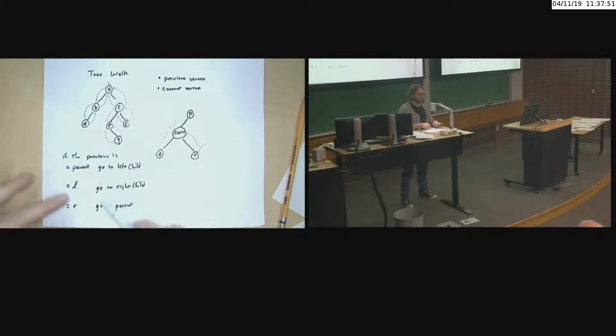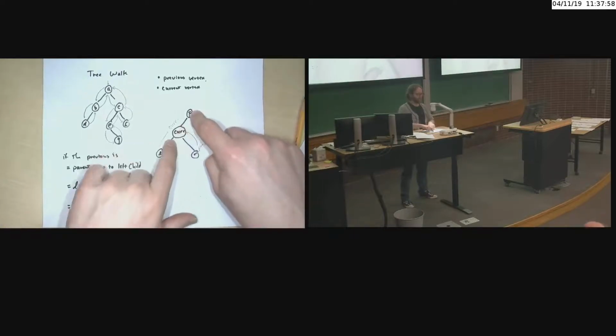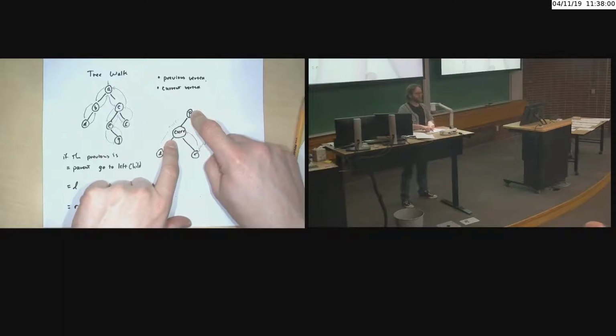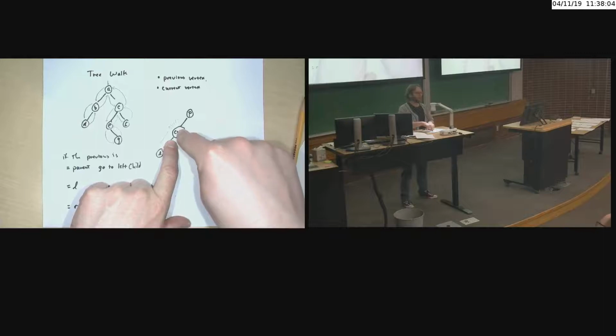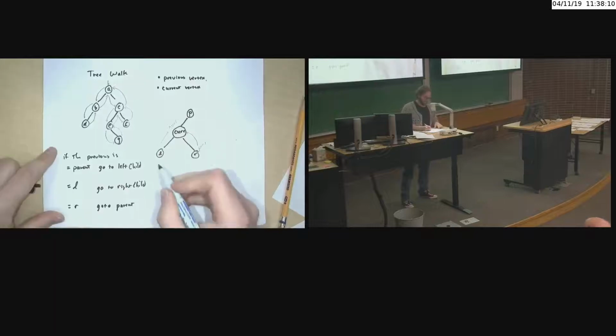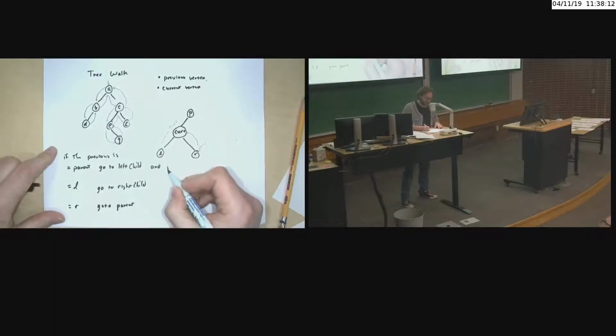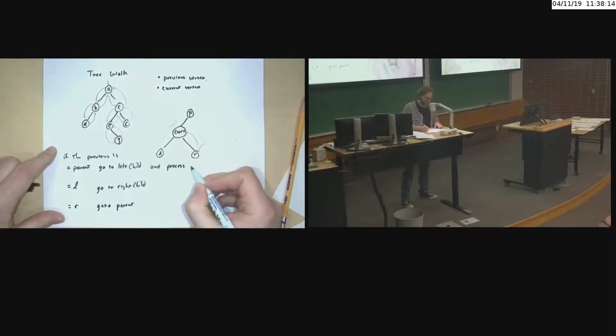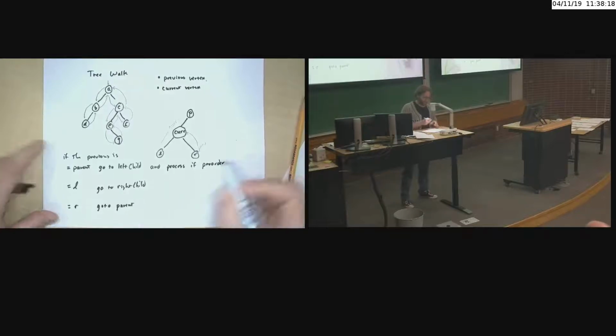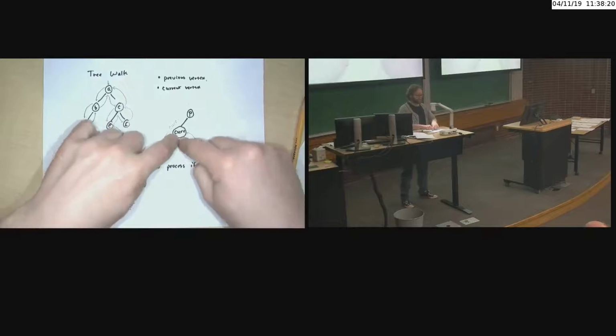Which one of these situations would correspond to a pre-order traversal? If the previous is the parent and this is the current, what should I do? If it's a pre-order traversal, I came from the parent and I'm right here right now. I process the current, so process if preorder. Otherwise, don't process that.